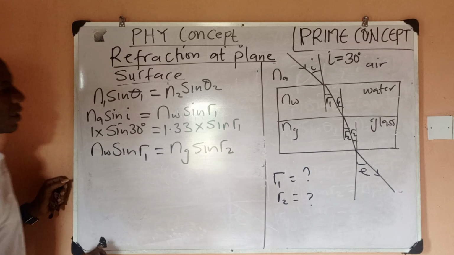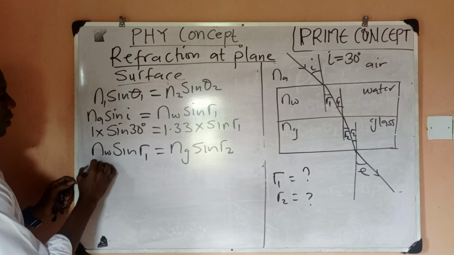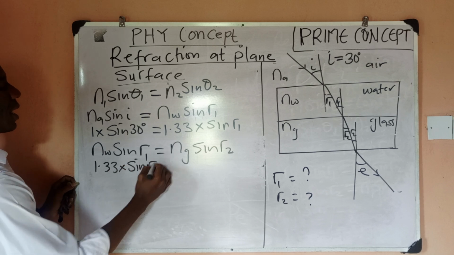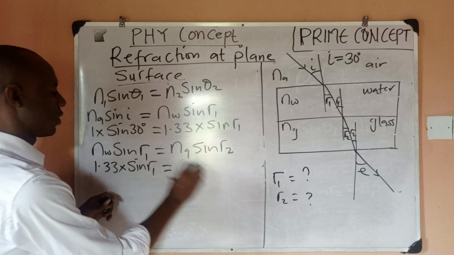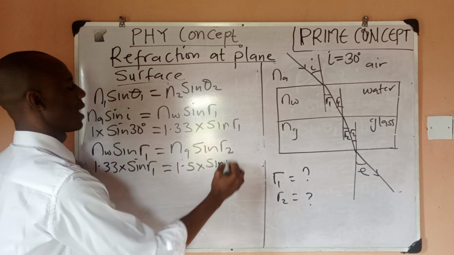So N water is 1.33 times sine R1, which is equal to N glass. What is N glass? N glass is 1.5 times sine R2.